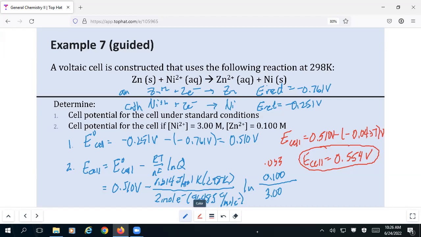So like we were talking about yesterday in lab, this is basically Le Chatelier's principle. I decrease the concentration of the product, or I increase the concentration of the reactant. It shifts to accommodate that. A shift toward the products in this case would cause an increase in voltage. Any questions?